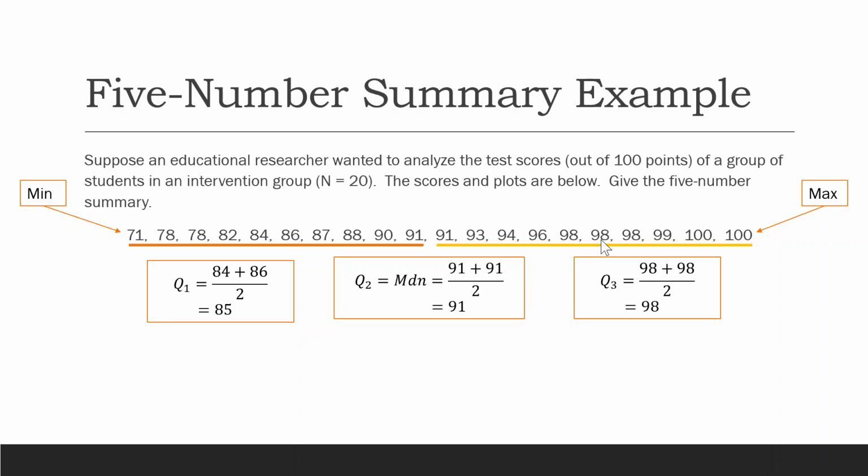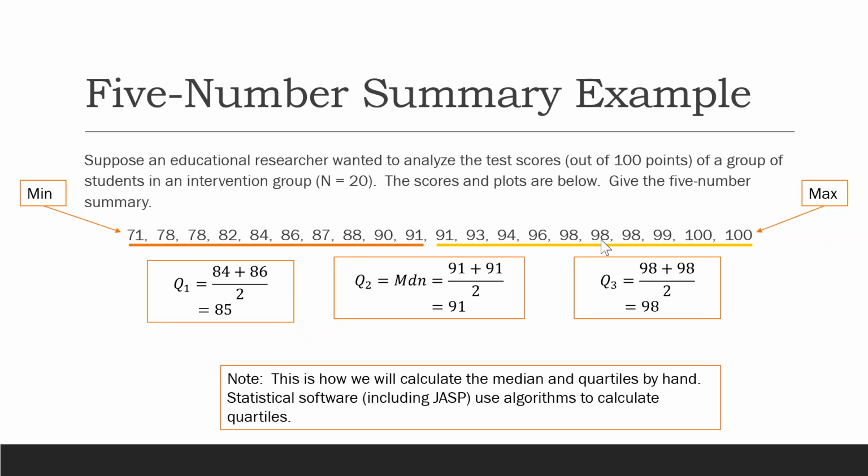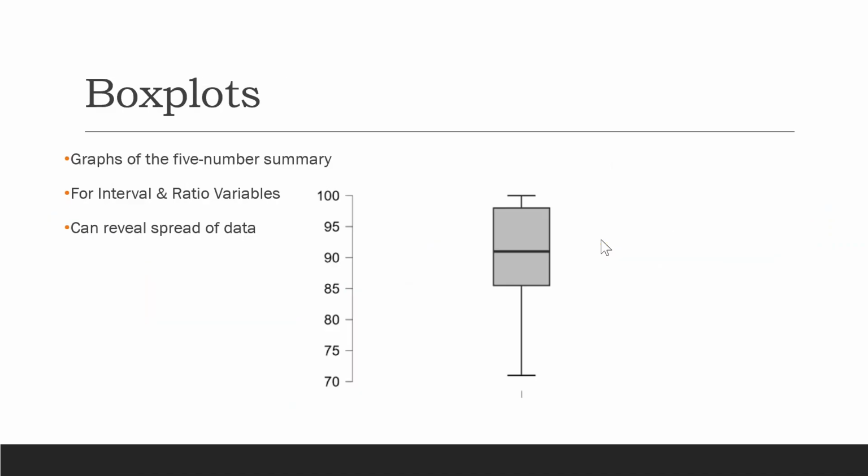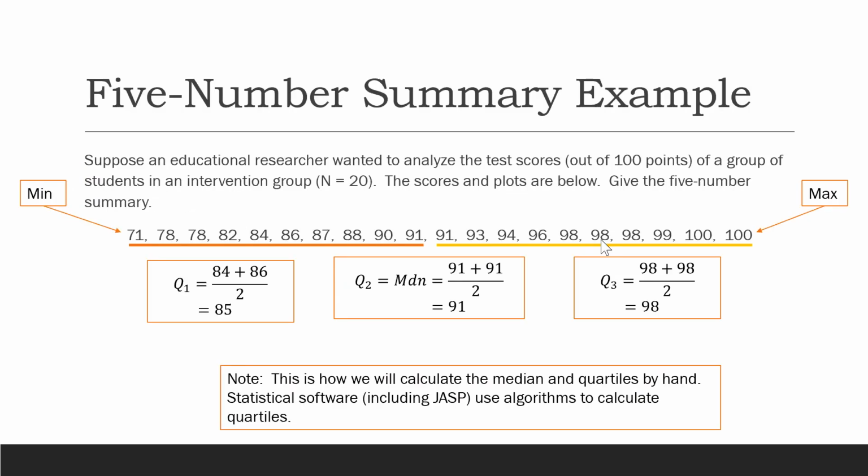All right. Now, there is another graph actually that we can use to graph our 5-number summary. Before I go back there, there is a note here that I kind of skipped over, and I want to review this because this is going to be important. What I just went over is how we would calculate the 5-number summary if we were doing this by hand.